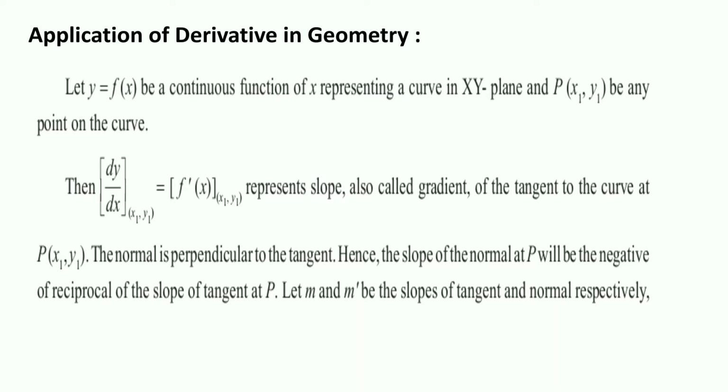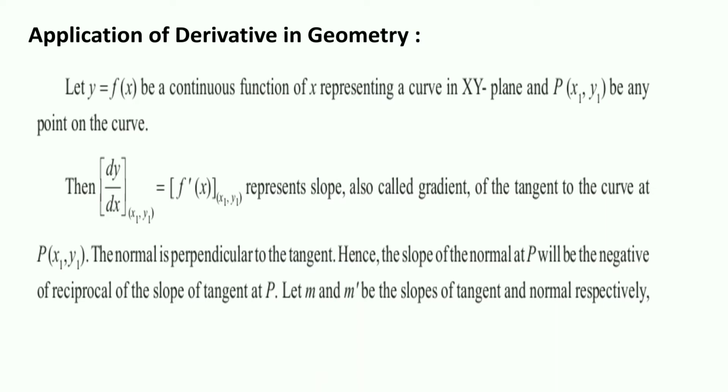Then dy by dx equal to f dash of x at point (x1, y1) represents the slope, also called gradient, of the tangent to the curve at P(x1, y1). The normal is perpendicular to the tangent, hence the slope of the normal at P will be the negative of the reciprocal of the slope of the tangent at P.